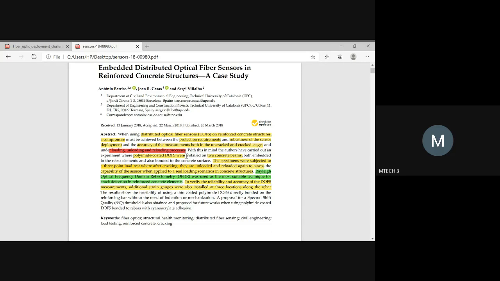So mainly in this paper, they have checked how the crack develops under loading conditions, right? If it is a three-point loaded condition and at the unloaded condition, how was the result? They have expressed the measurement of these data using optical fiber sensors for loading and unloading conditions, and they have documented the results.